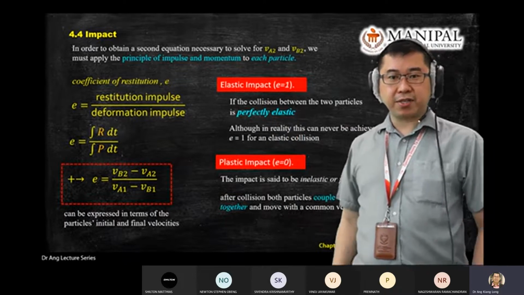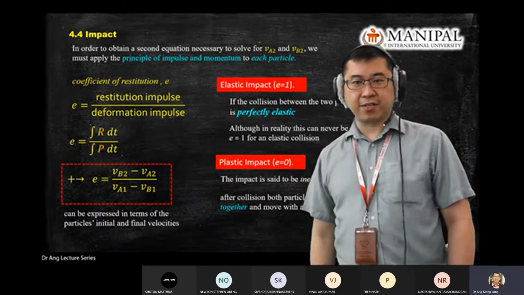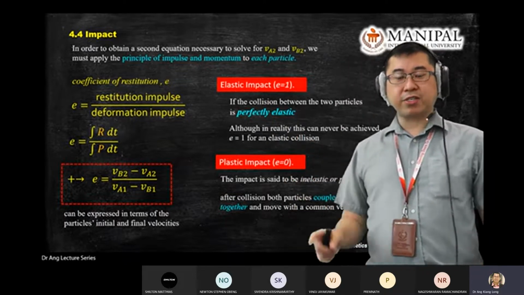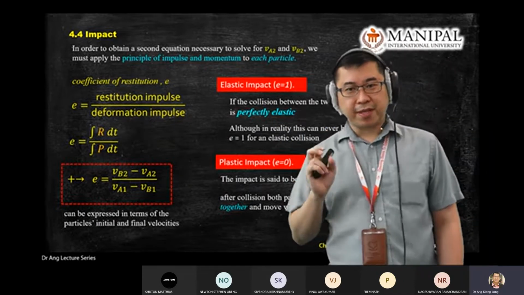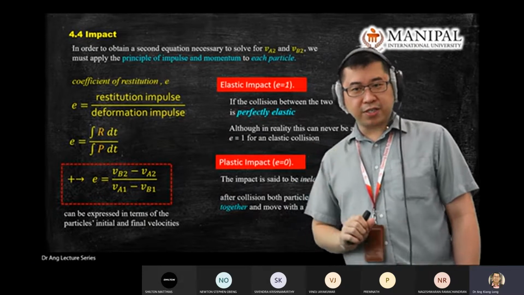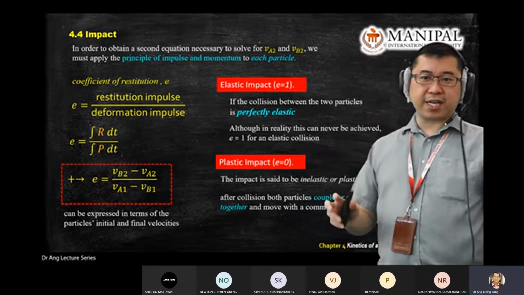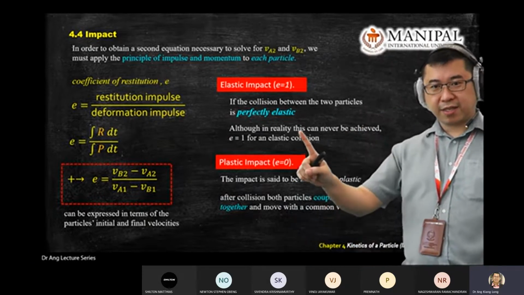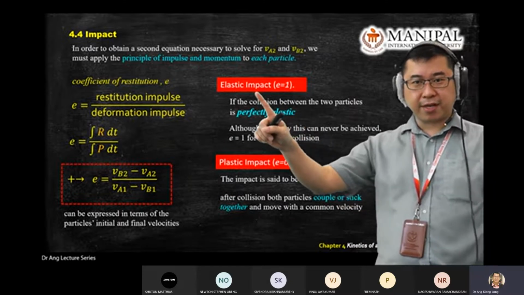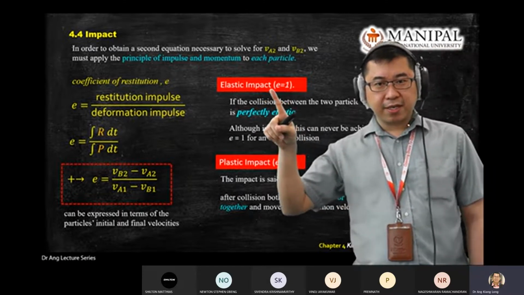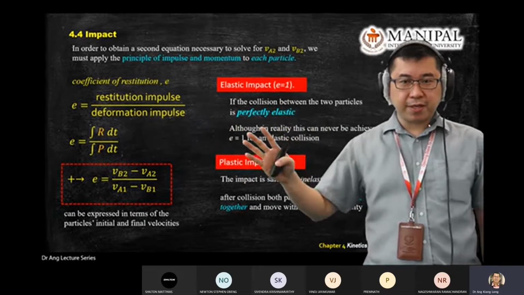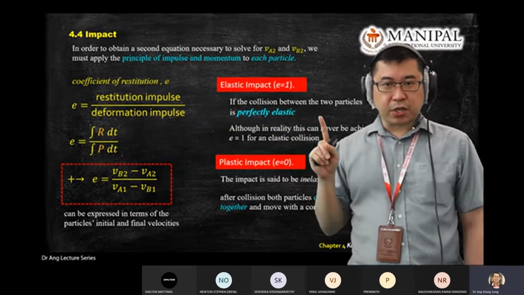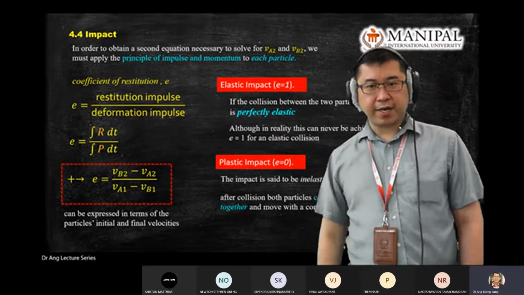In real case, you won't have this case, unless you created a perfect material that do not absorb energy or do not release energy, then you have elastic impact, coefficient of restitution equal to 1. In real case, you have less than 1.